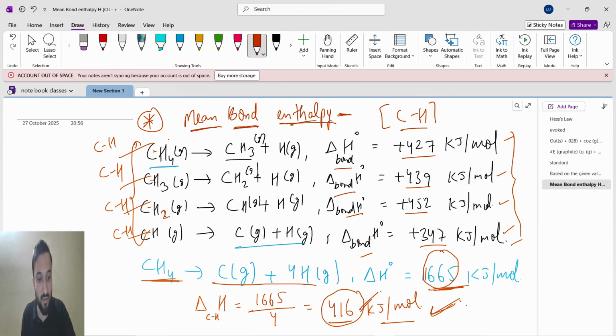If there are 6 or 7 steps, it is very difficult to remember them all, right? So we just add the bond dissociation enthalpy for every step and divide by the total number of steps to get the mean, or average, bond enthalpy. It is easier to remember one rather than each and every step.